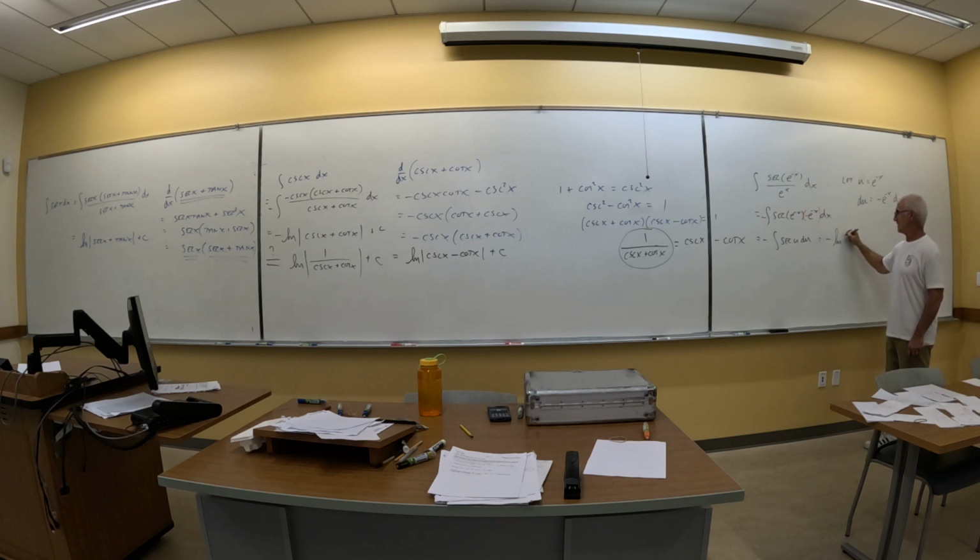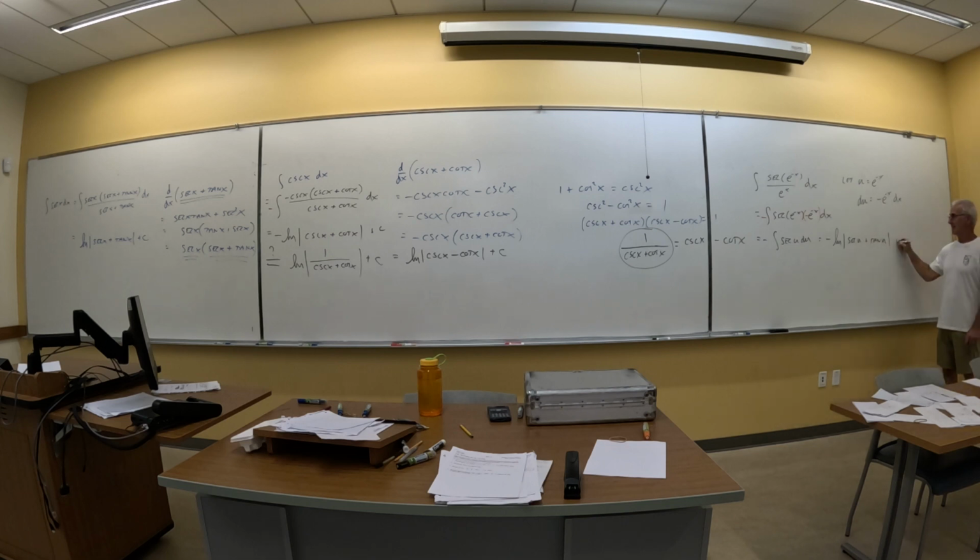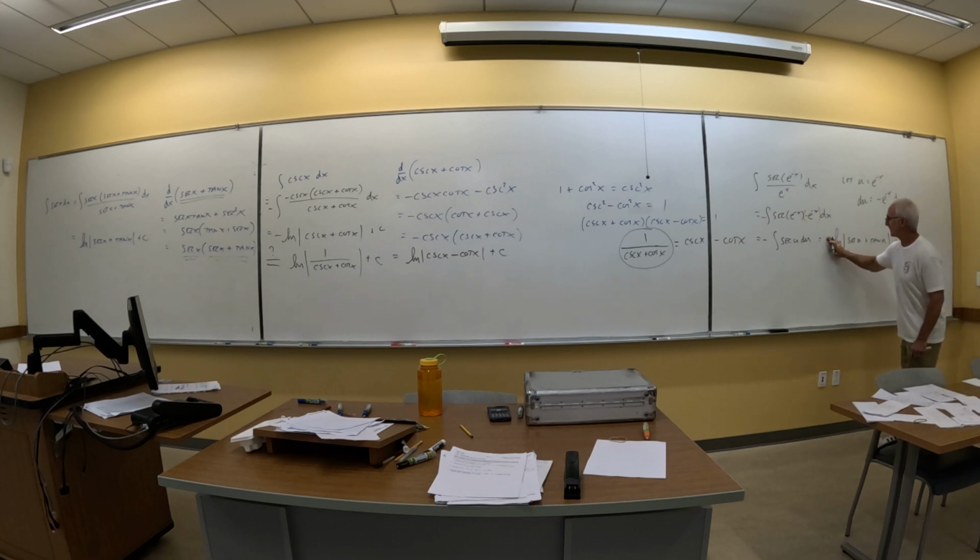Negative log, absolute value, don't forget the absolute value, of secant u plus tan u. I haven't substituted back yet. You with me so far? Now, I'm sorry, I'm not negative, my bad. And now we'll have log of secant e to the negative x plus tan e to the negative x.